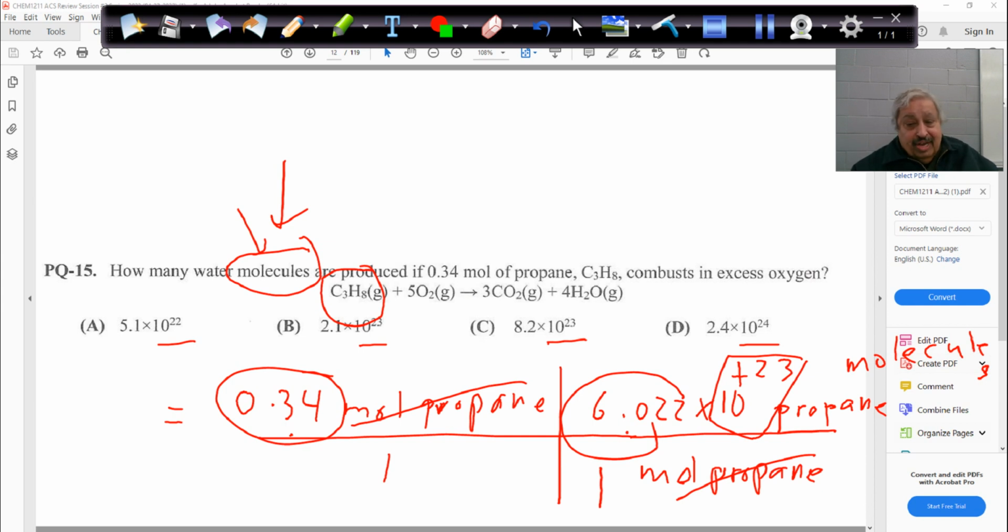So now, how much is it? Do those so you can get training using your calculator. How much is it? 2.047 times 10 to the power what? 23. See, I left the 23 as is. So which one is closer?